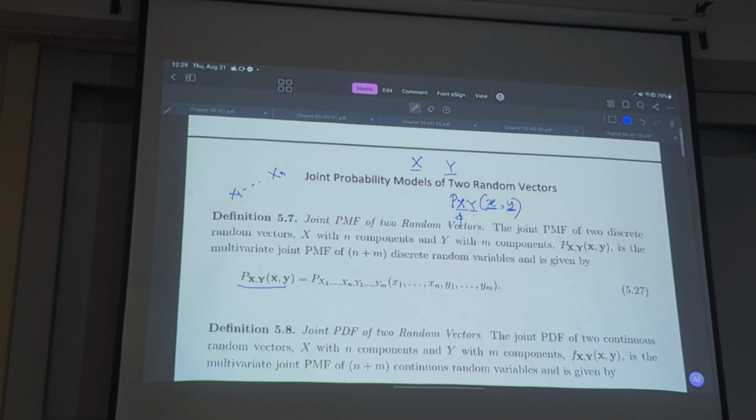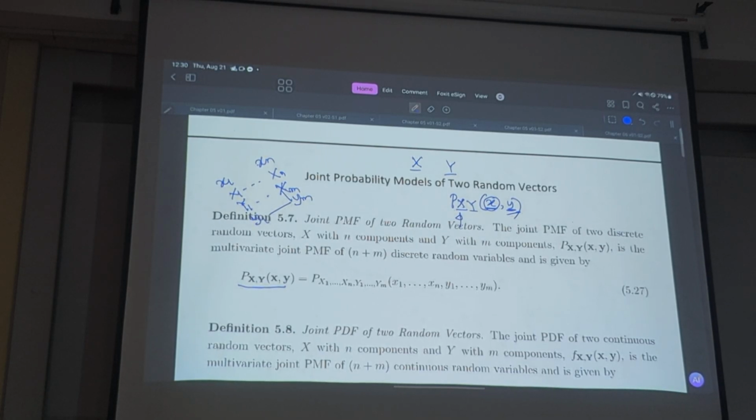Y is a vector with how many components? M. We don't actually force them to be equal in size. X is X1 to Xn, Y is Y1 to Ym.